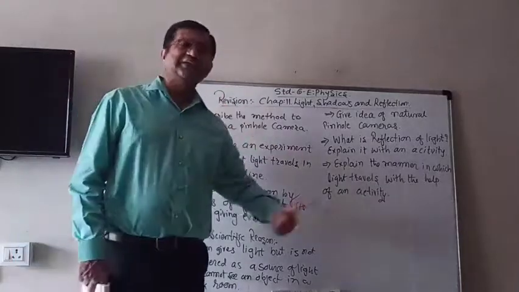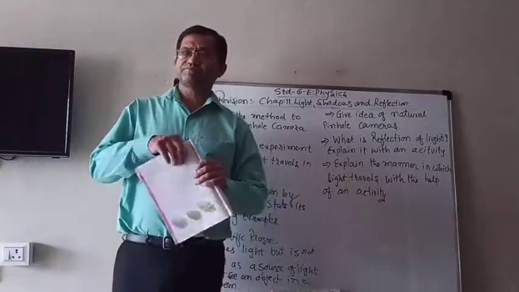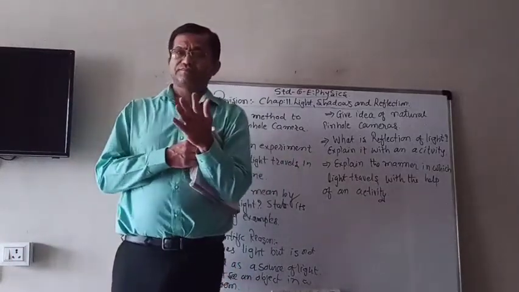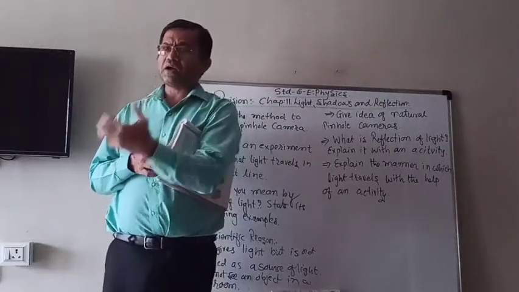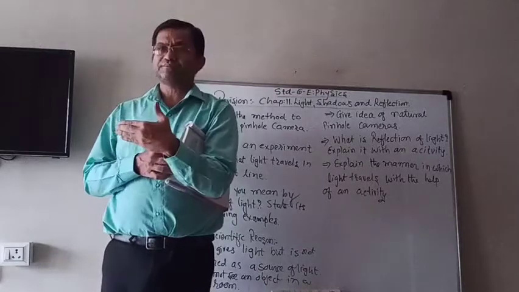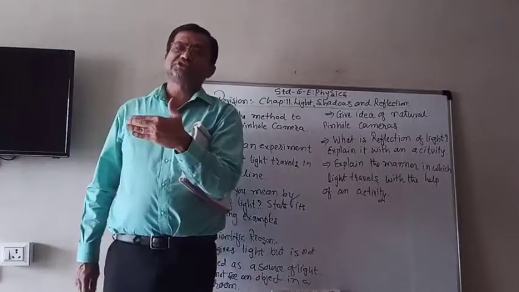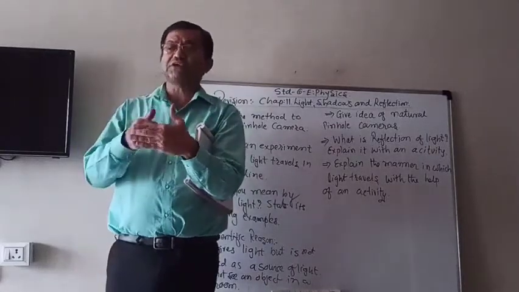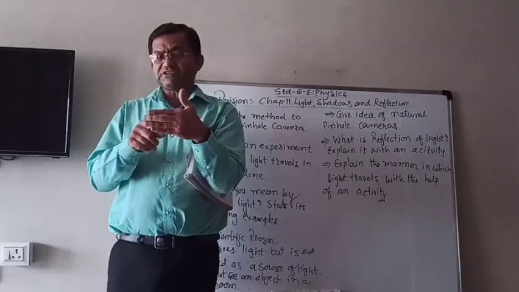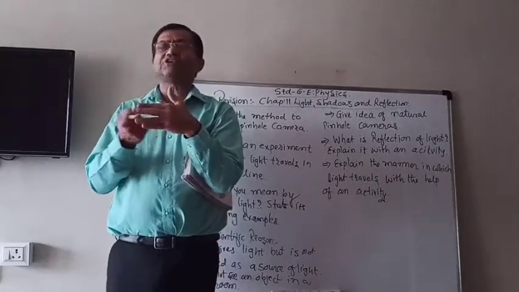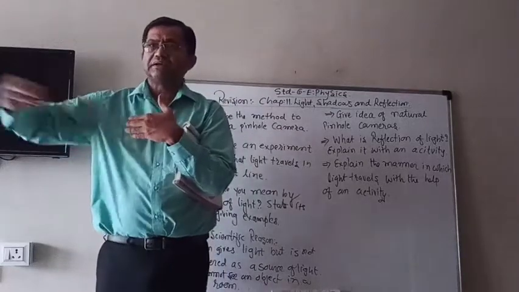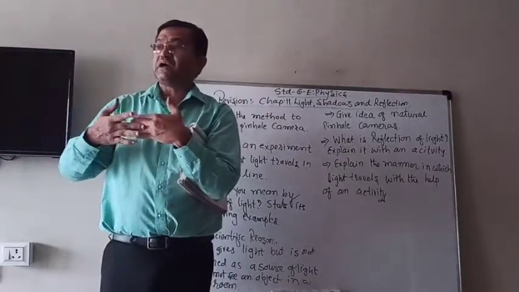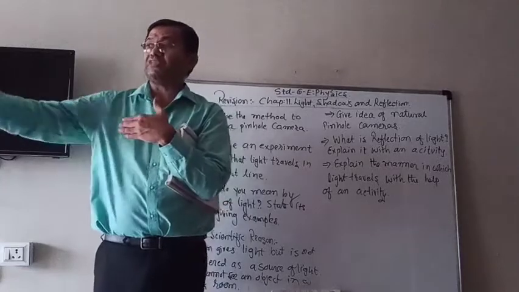Then you go to another corner and take a torch and cover the front part with your hand, and switch on the torch, such that there is a very small gap between your fingers. Then you will see that from the slit, the beam of light will fall on that mirror.